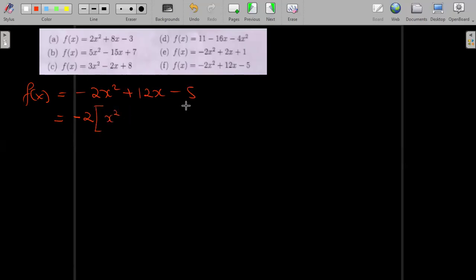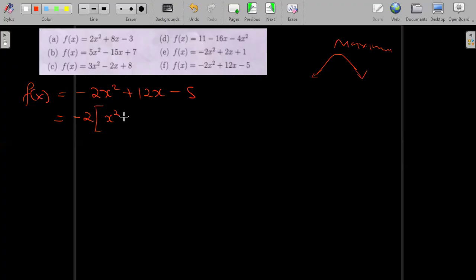If it's negative, what will that mean? The graph will face downward. So we have a graph that will look like this, and it will have what we call a maximum turning point. It will face down as well.